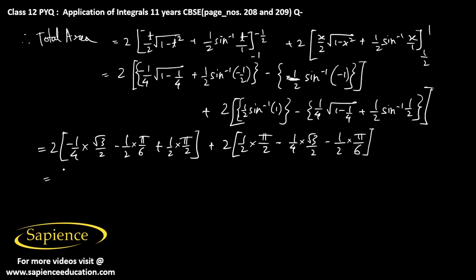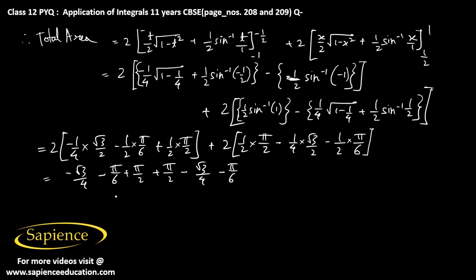So this will become minus root 3 by 4 minus pi by 6 plus pi by 2, then plus pi by 2 minus root 3 by 4, then minus pi by 6.